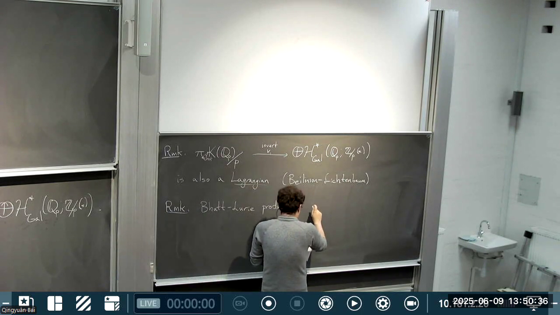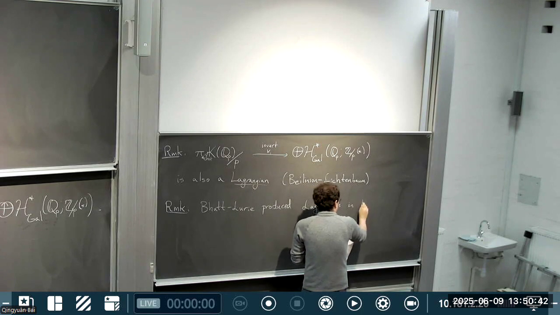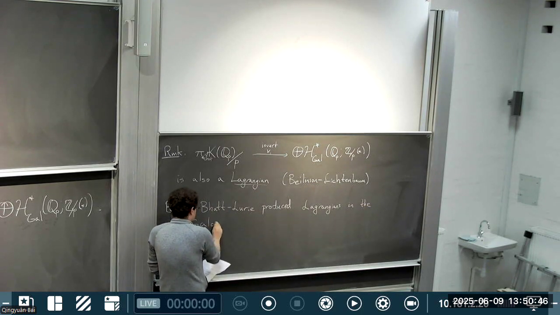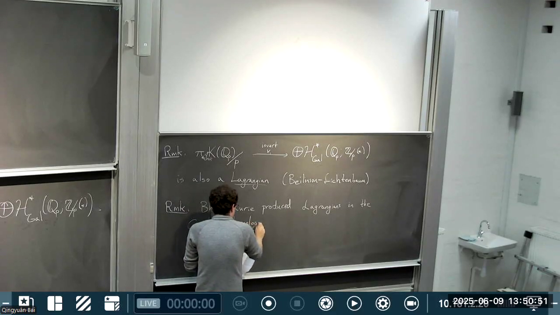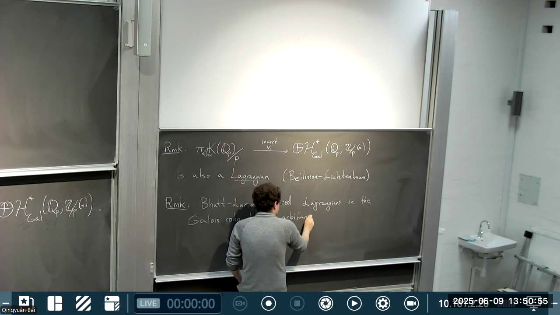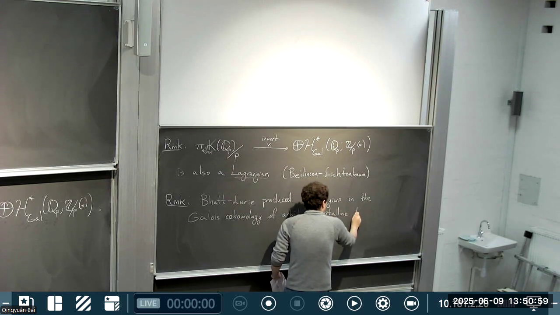So they produced Lagrangians in the Galois homology of arbitrary crystalline representations.